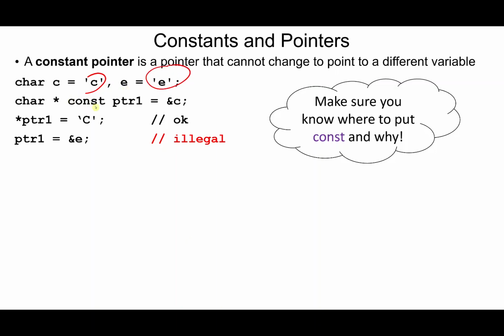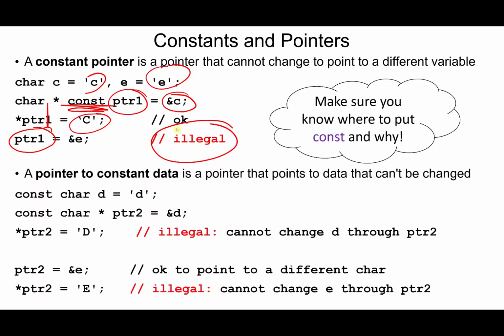Then char asterisk const ptr, so the constant part is the pointer. The pointer cannot point to anything else. Now it's pointing to c. You cannot point to anything other than c. The first thing it points at is constant. So with asterisk ptr, you can change the data inside, because the constant is the pointer. When you try to change the pointer to point to e, this is going to throw an error.